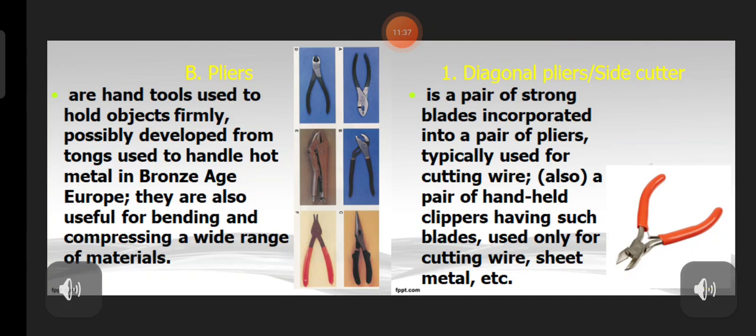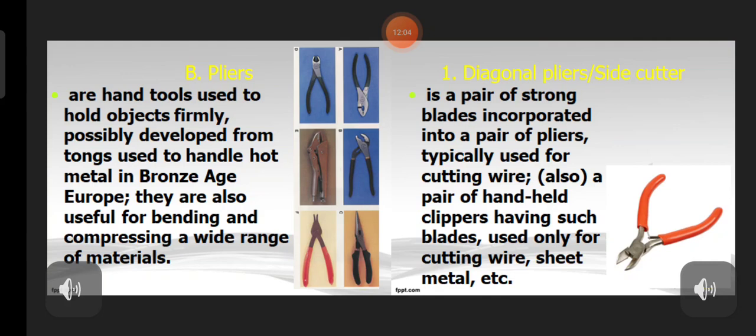One of the examples of pliers is what we call diagonal pliers or side cutter. It is a pair of strong blades incorporated into a pair of pliers. It is typically used for cutting wire. It is also a pair of handheld clippers having such blades. It is used for cutting wire, sheet metal, and a lot more.